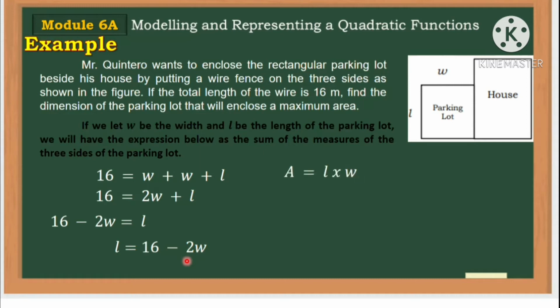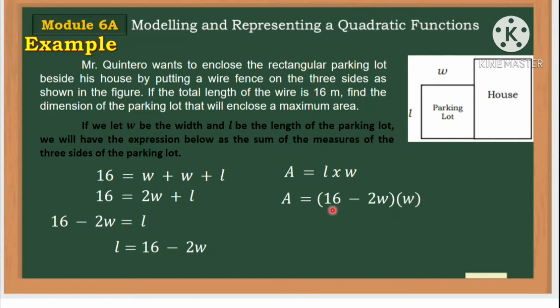So the maximum area, the area of this parking lot, is length times width. Notice, ang L natin is 16 minus 2W times the width, which is W. Simplify this.